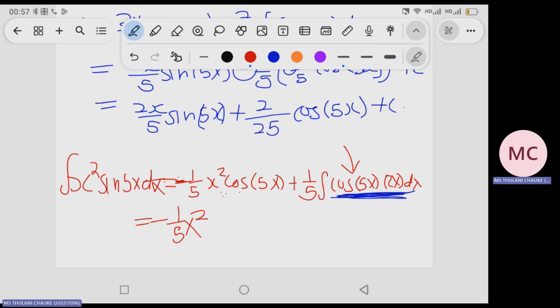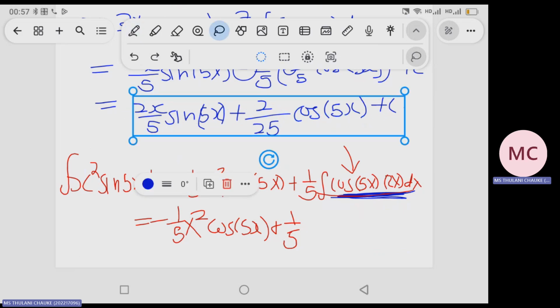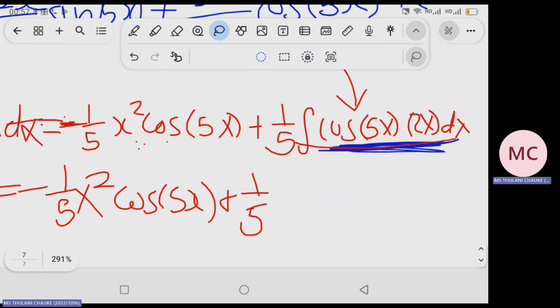So we have that, and then cosine of 5x plus 1 over 5. So the integral of this one, we have it is this part. So I'll just copy it as well. Copy, and then let's put it here.